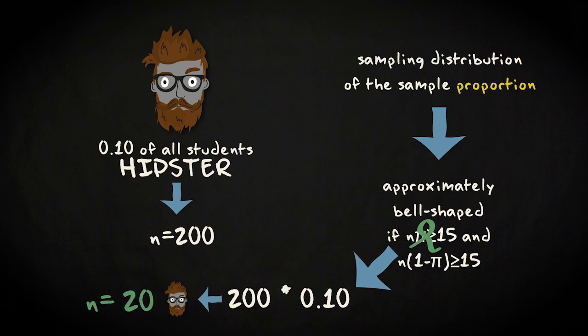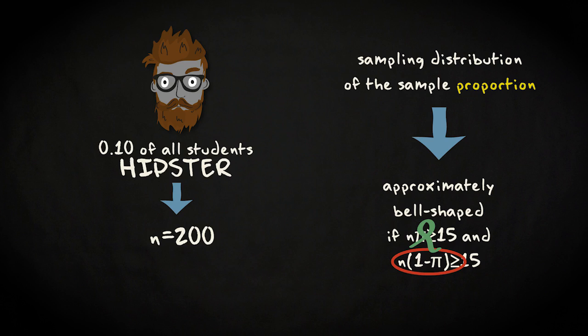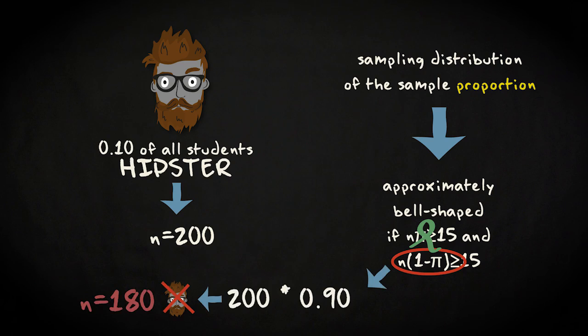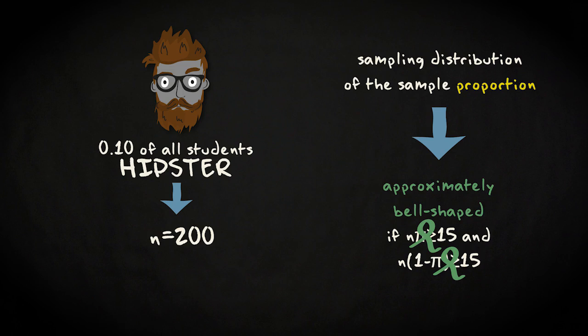Second, the product of the sample size and 1 minus pi should be 15 or more. In our case, that's 200 times 1 minus 0.10 equals 200 times 0.90 equals 180. So, 180 non-hipsters. We can conclude that the sampling distribution will be bell-shaped because 20 and 180 are both larger than 15.